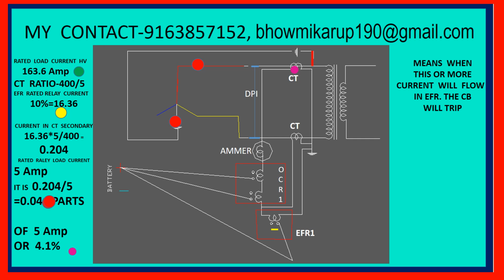A portion of the current will pass through the ammeter and OCR1 and then return to the CT. But another portion, shown in pink color, will enter into the earth fault relay. As the current is divided in two parts and these two parts are not returning to the source through the transformer primary coil, in the relay also it will be divided.